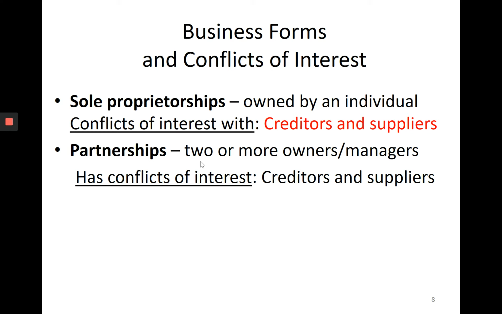However, another type of conflict of interest still remains, and that's the conflict of interest between suppliers and owner and between creditors and owners. The owner may take more risk and pretend to the bank that this company has less risk.